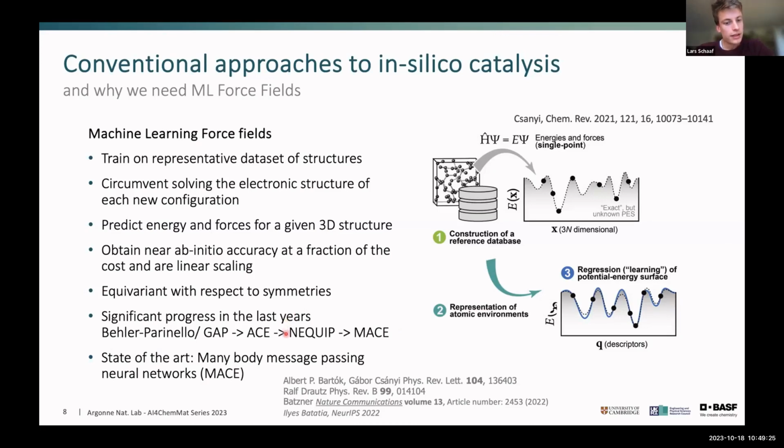So the current state of the art machine learned force fields are really using equivariant many-body message passing neural networks.